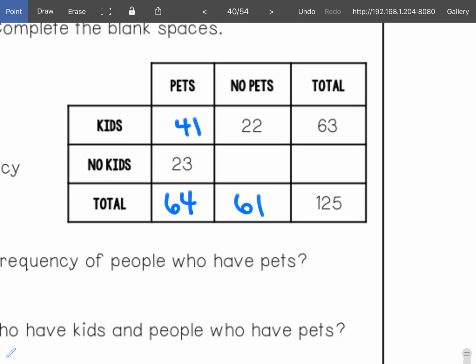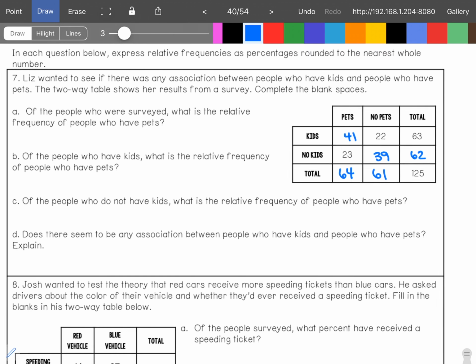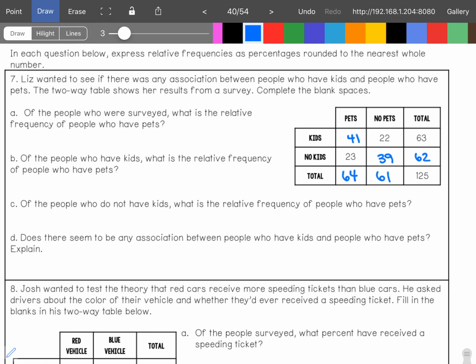And then we have a total of 61, and then we have this 22, so 61 minus the 22 will give us that missing number, which is 39. And then the last column, 125 minus 63 is 62. And so we can now answer these questions.